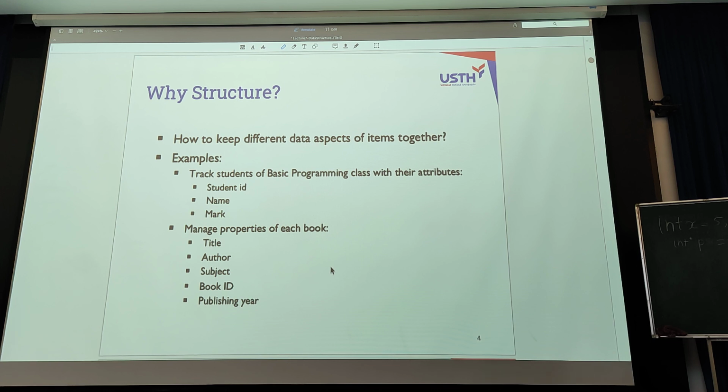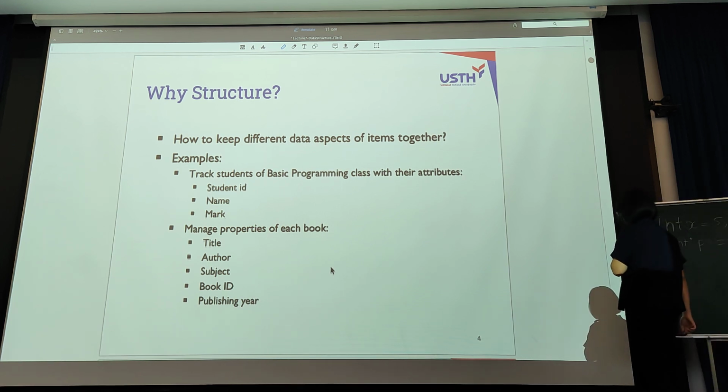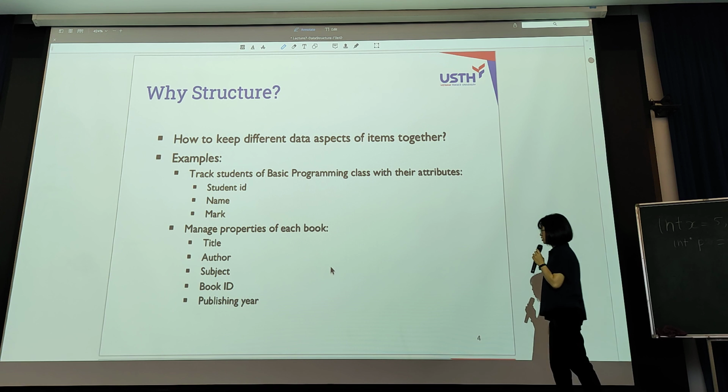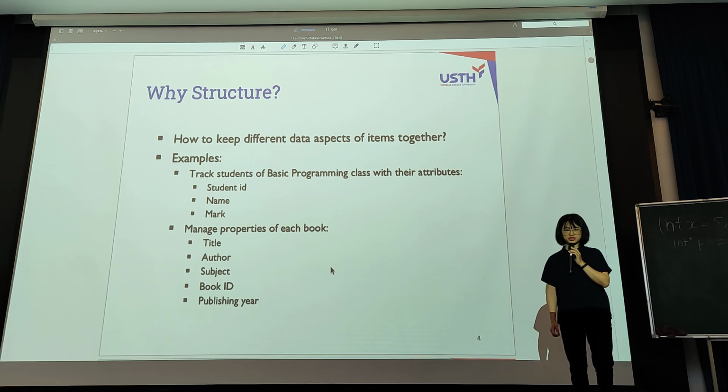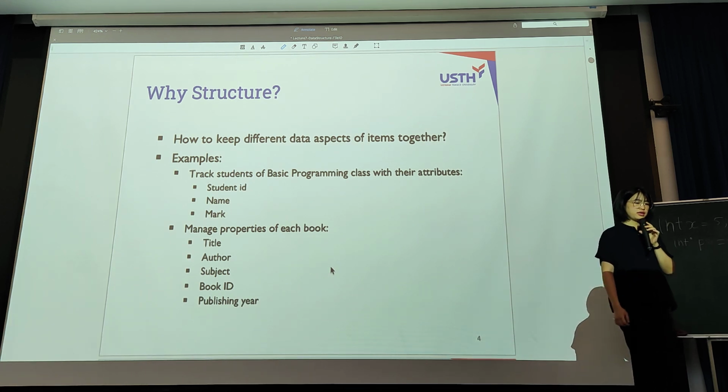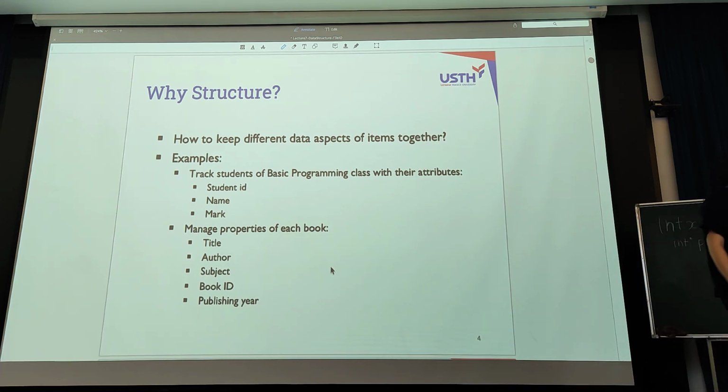Right, now in the library, the book must be managed by its title, author, subject, book ID, publishing year, etc. There is the manager and also the customer, the students or anyone who comes to the library wanting to search for some information. It's easier to search.